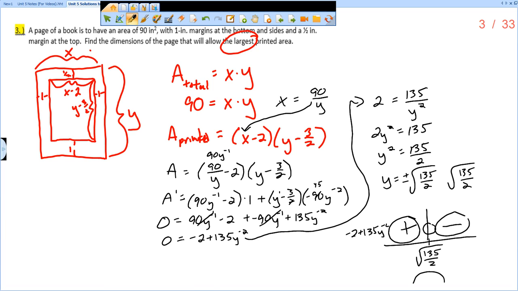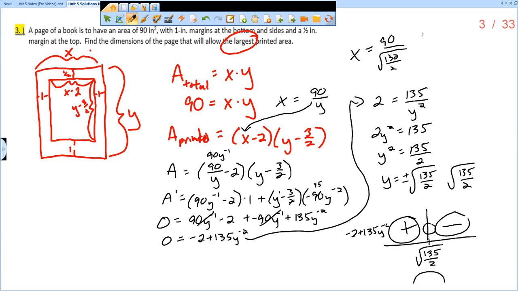And so then we need to think about, okay, well, what would the dimensions be? So if this is y, then we need to find x. So x is just 90 divided by y. So x would be 90 divided by the square root of 135 over 2, and that would be our x value.